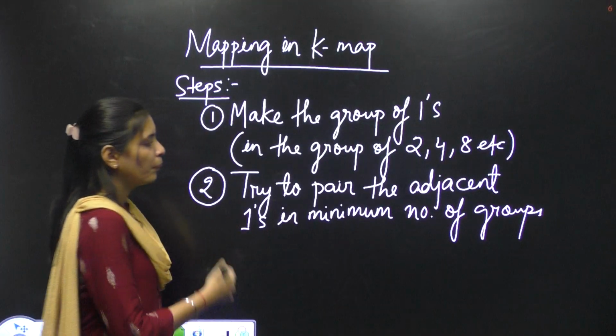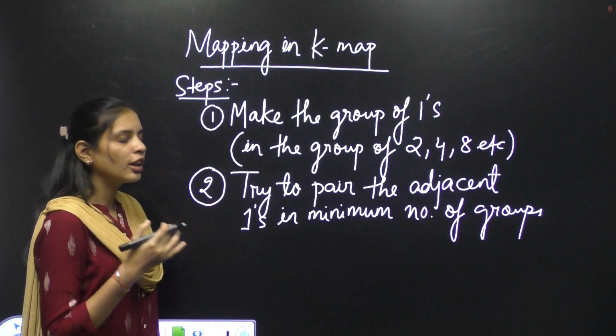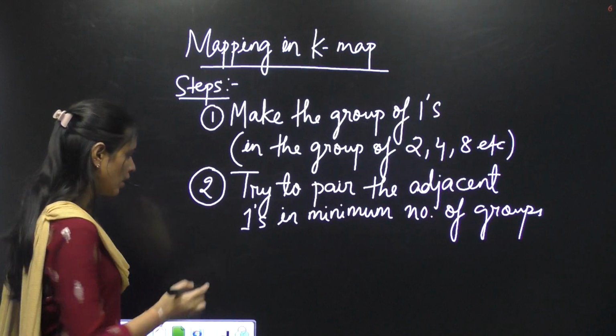Then you will be pairing the adjacent ones in the minimum number of groups. You can use the lowest number of groups as possible.